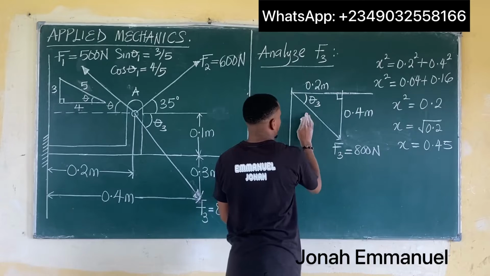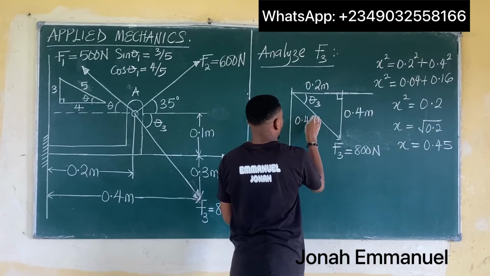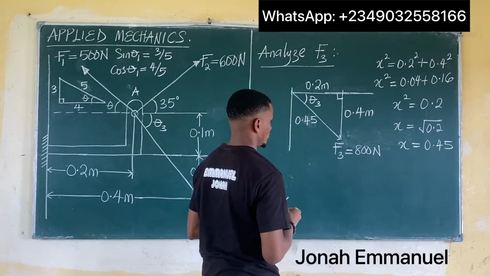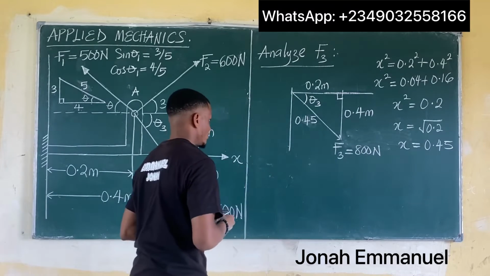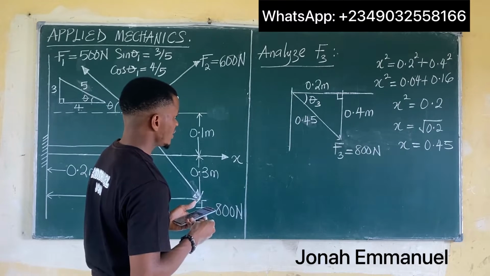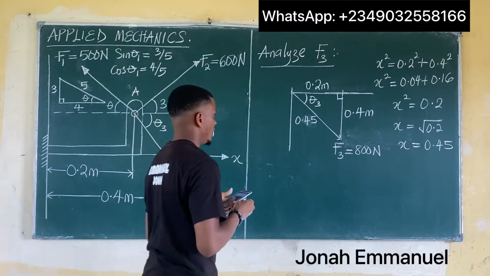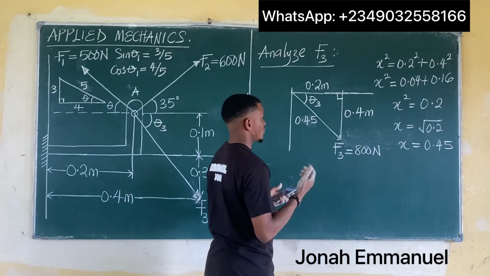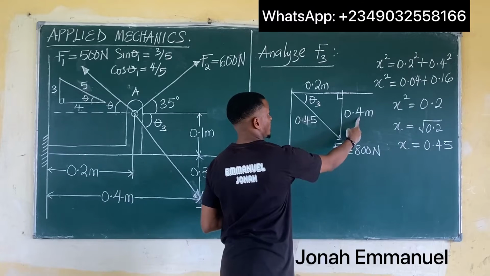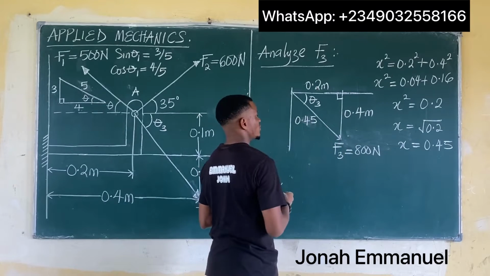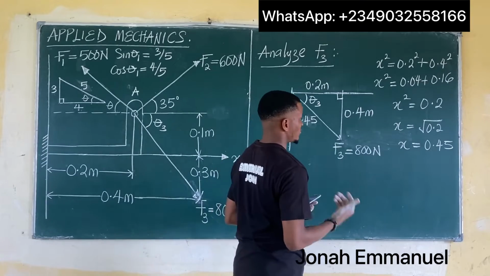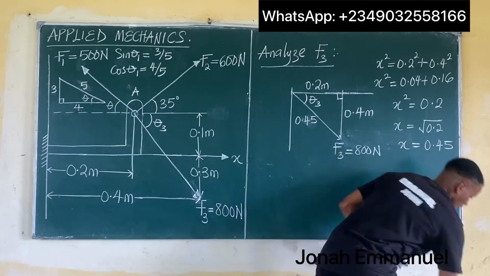I'm using 0.45 here. Or you can use square root of 0.2 if you want to. Whichever way is still correct. So let's use 0.45. To ensure uniformity of decimal places, this is one decimal place, so I'm going to use 0.5 here to ensure uniformity of decimal points.